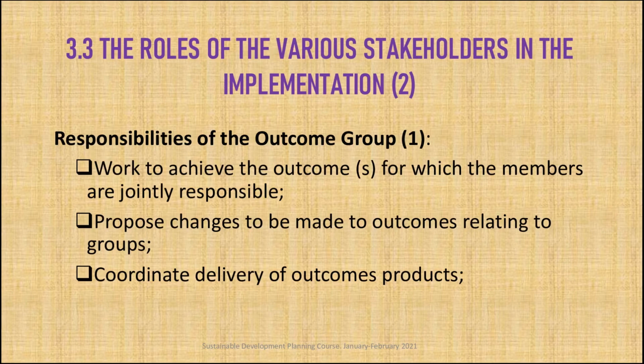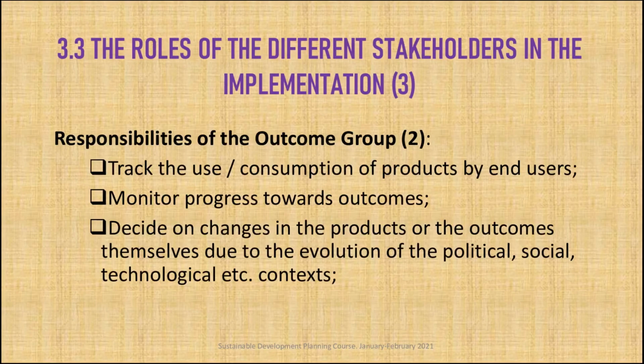It coordinates delivery of outcome products. It tracks the use and consumption of products by end users. It monitors progress towards outcomes, and decides on changes in the products or the outcomes themselves due to the evolution of the political, social, technological, etc. contexts.